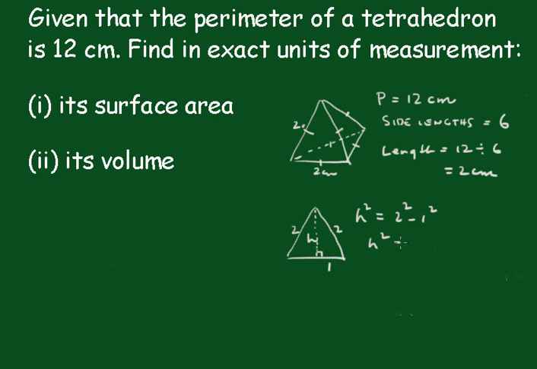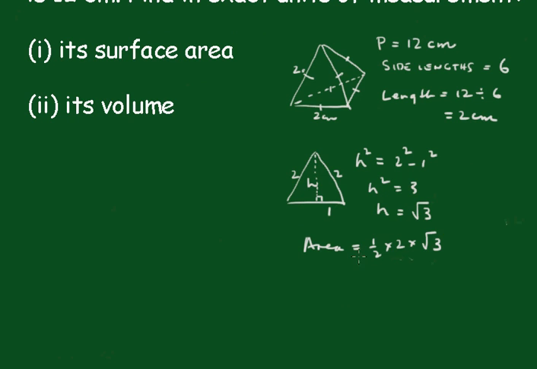So h squared is equal to 3, so the height is the square root of 3. So the area is equal to half the base length, which is 2, times the height, which is root 3. So there we have the area of one face is equal to root 3 centimeters squared.